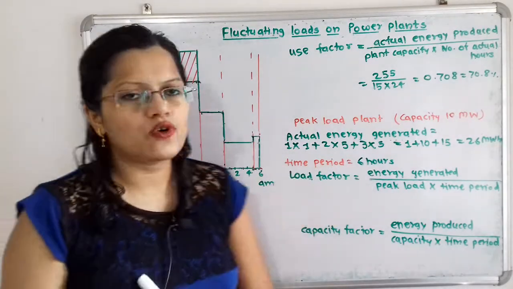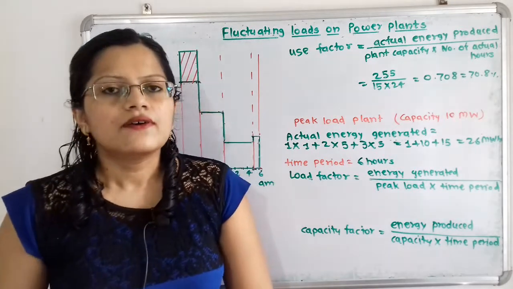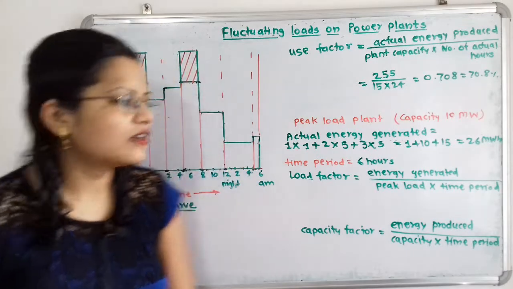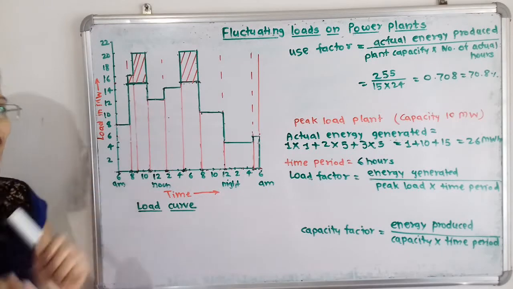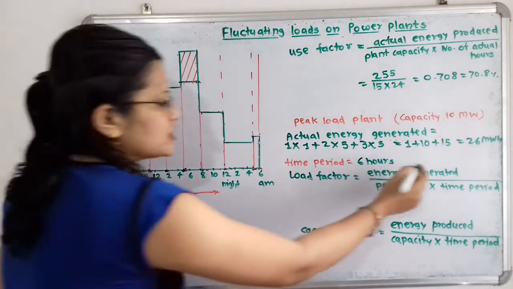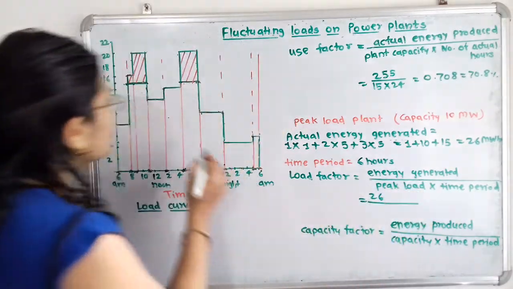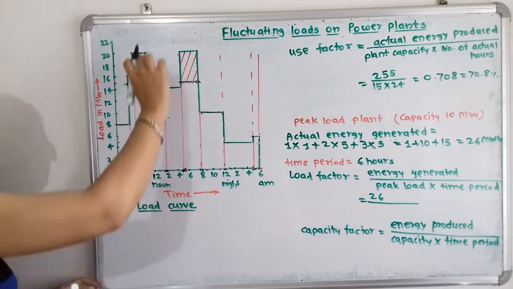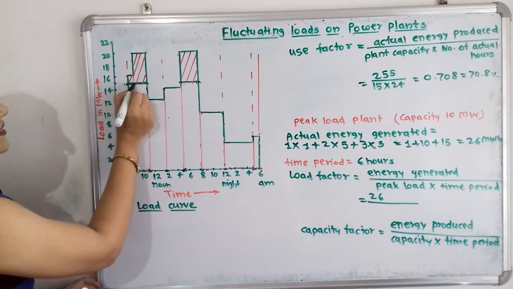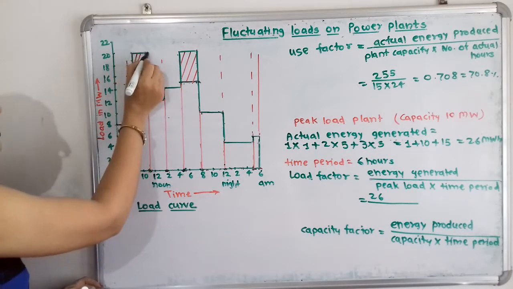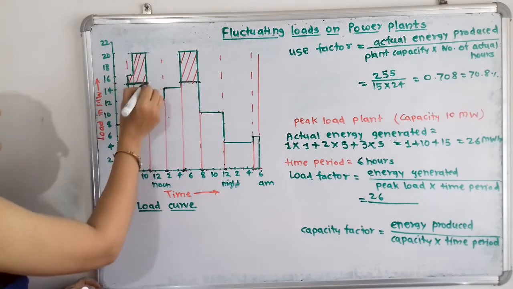Now we will calculate the load factor. How do we calculate the load factor? Here we take the time period for the whole day, that is 24 hours. The energy generated is 26 megawatt hour divided by peak load. For this area we have to consider the peak load: the base is at 15 megawatt and the maximum load is 20, so the vertical distance is 5.